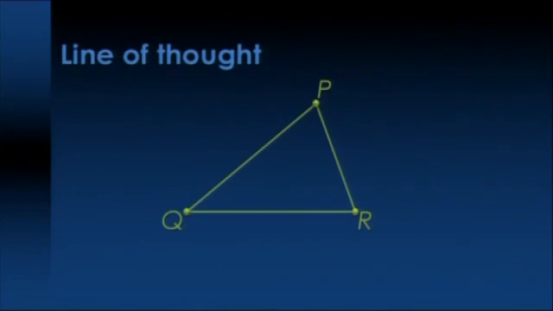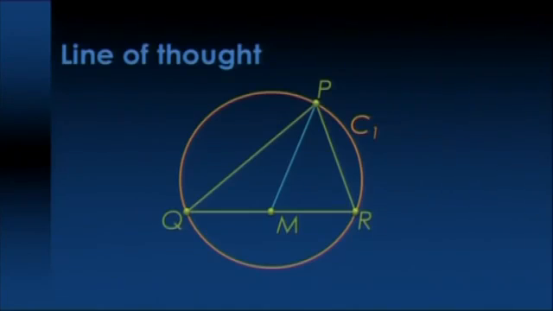Let's say this is the triangle we need, PQR, with median PM equal to MA, and the height not shown here. Let's say its circumcircle is C1, its circumcenter is O, and the midpoint of minor arc QR is T. Join MT and mark an arbitrary point T' on MT. Then we can also mark P', Q', and R' on MP, MQ, and MR respectively, such that MP'/MP = MQ'/MQ = MR'/MR = MT'/MT.